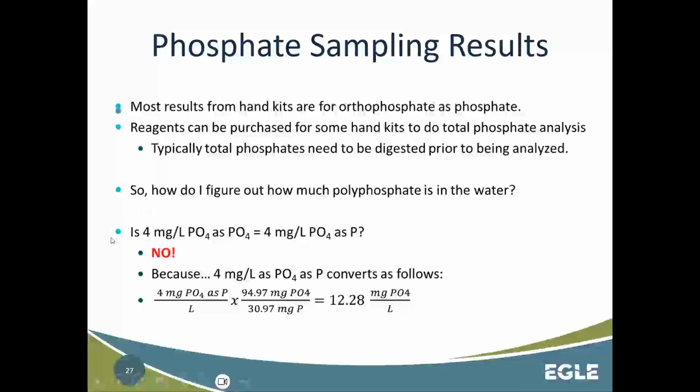Now, down at the bottom here, I also want to point out, make sure that your units are proper. So 4 milligrams per liter is not the same thing as 4 milligrams per liter as P. So as PO4 or as P. Okay, these are basically just unit conversion concepts, but essentially it has to do with your molecular weights. So make sure you are reporting it properly.